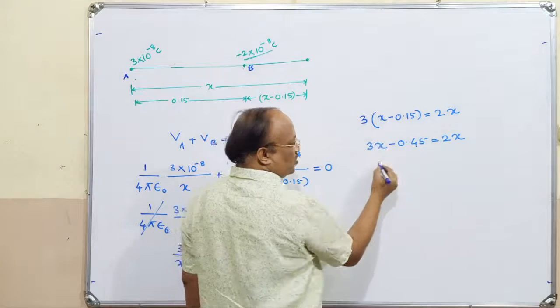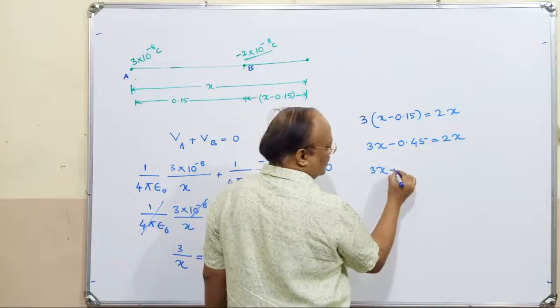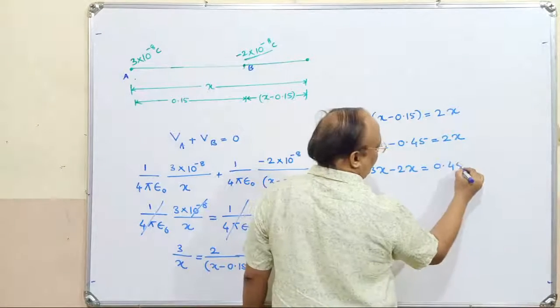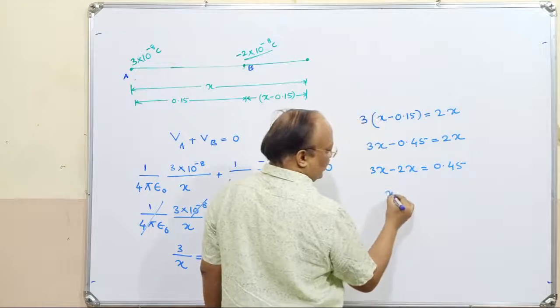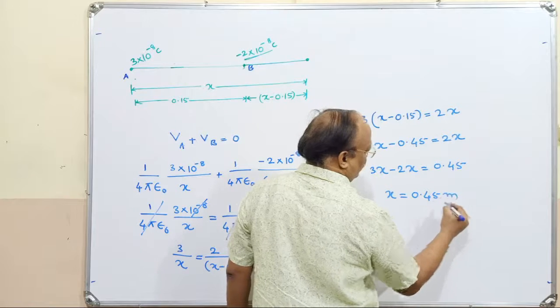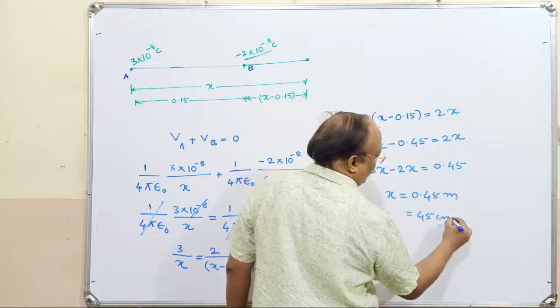So 3x minus 2x is equal to 0.45. So x is equal to 0.45 meter, or this itself is 45 centimeter.